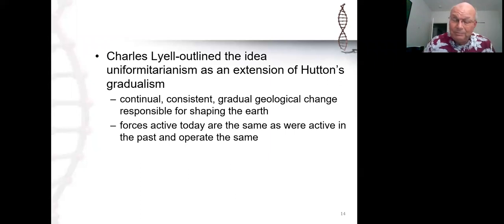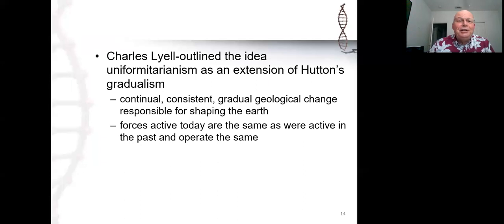Hutton's gradualism. I keep getting these two ideas confused. So scratch uniformitarianism from the previous and substitute gradualism. Hutton was gradualism, gradual changes over long periods of time. Lyell is the one who turns it into a uniform process.